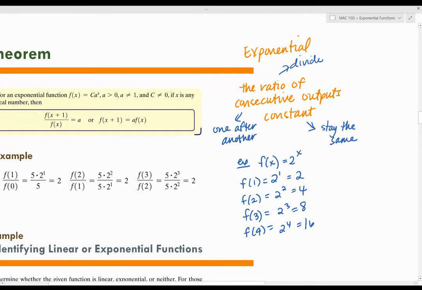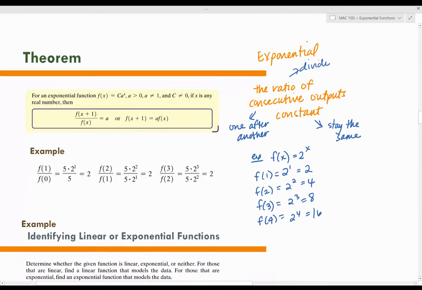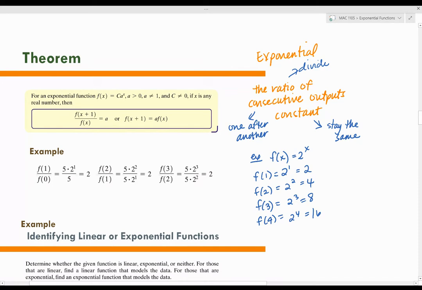So it says that my ratio of consecutive outputs should be constant. Okay, so I'm going to say 4 divided by 2. Okay, I'm going to say 8 divided by 4. And I'm going to say 16 divided by 8.